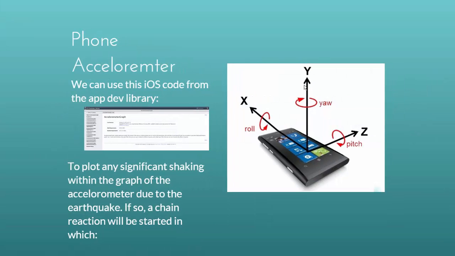Now last of all, we can utilize a phone's accelerometer to detect an earthquake. So how can we do that? Well, if you take a look at the iOS developer library, we'll see a piece of code called the accelerometer graph. That graphs out the motion that the phone is shaking, or its roll and its axis. So its pitch, its yaw, its roll, basically its angle of movement. So we can plot any significant shaking within the graph of the accelerometer due to the earthquake.